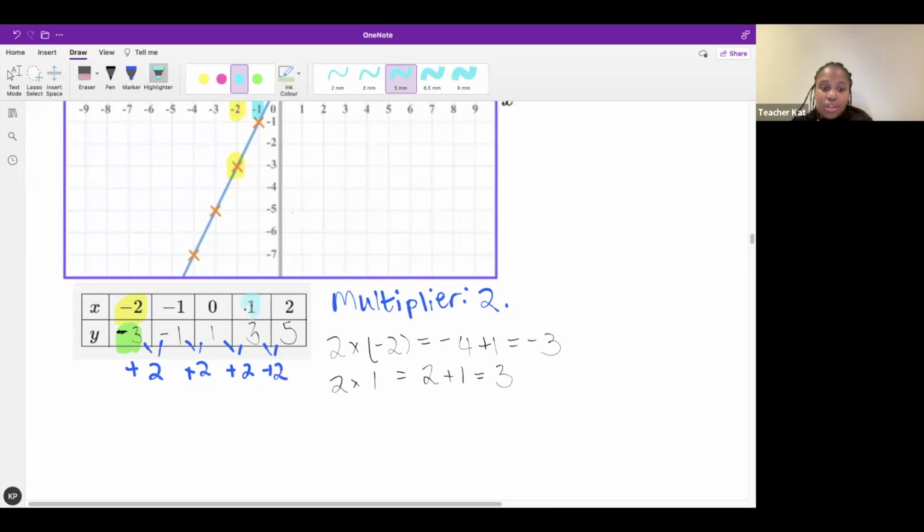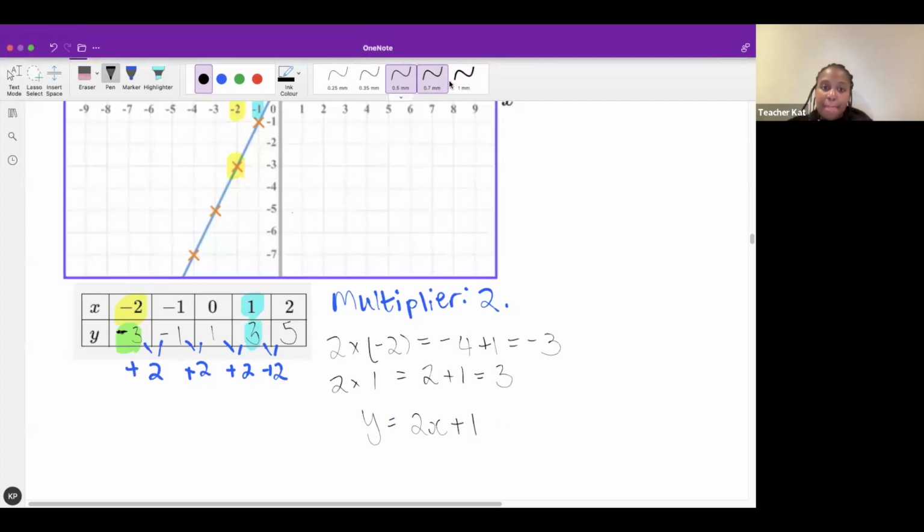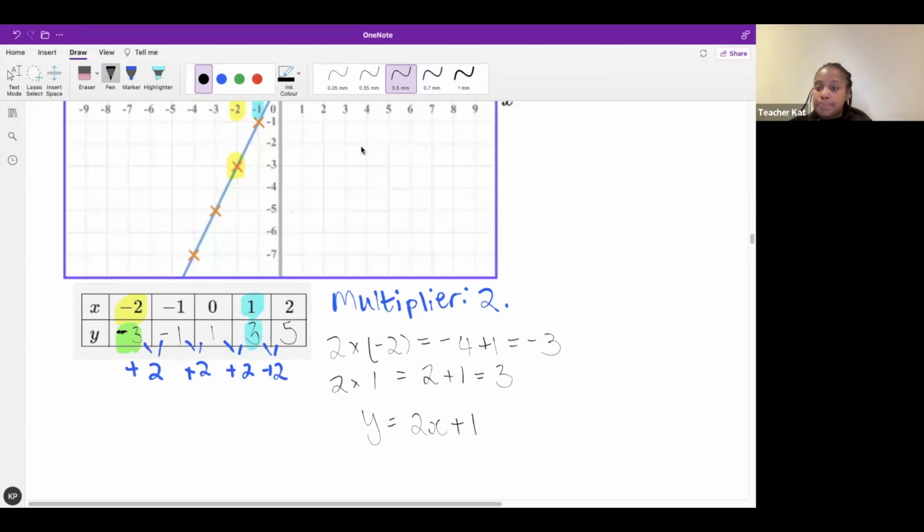Yes, it is, because look here, for an input of 1, I have an output of 3. So then what is the formula for this graph, for the equation? What is the equation of my graph? Y is equal to 2x plus 1. Beautiful.